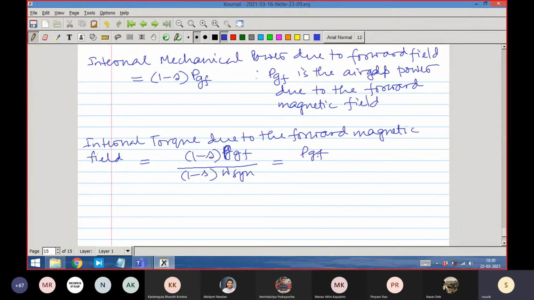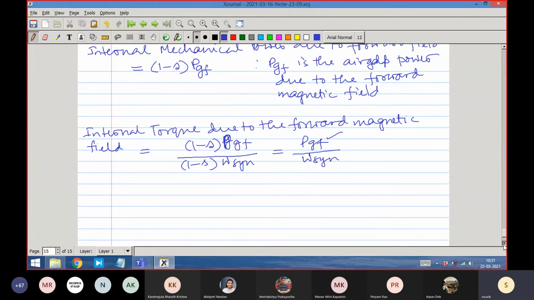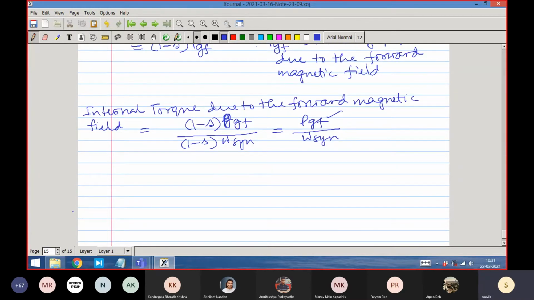Only thing we are doing is we are using a subscript PGF. So this is due to the forward magnetic field. If somebody asks you, what is PGF? PGF is an actual expression. We'll come to that, but let us understand it qualitatively now.